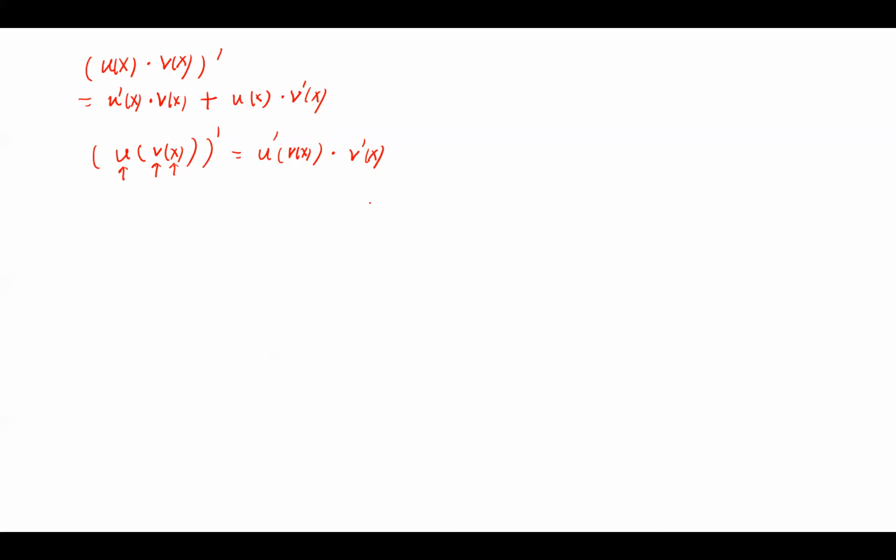This is like a sequence of transformations. x goes through v and then goes through u, so that's the forward operation. Then for the derivative, we take the derivative of u first, then the derivative of v, and multiply them together. This is how we get the derivative.